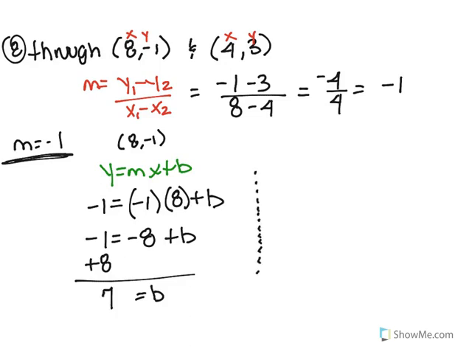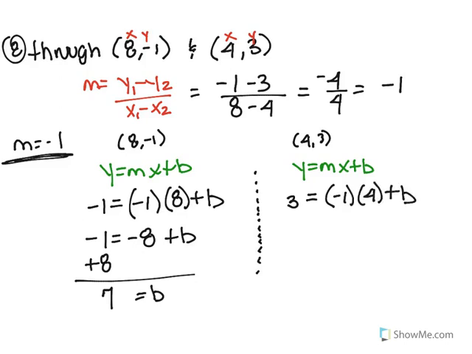I just want to show, because sometimes you have to show people, that it does not matter which point, because they're on the same line. If you use (4, 3), you get 3 equals negative 1 times 4 plus b. That gives you negative 4, and you're going to end up adding 4, and 3 plus 4 is still 7. So it doesn't matter which point you use.